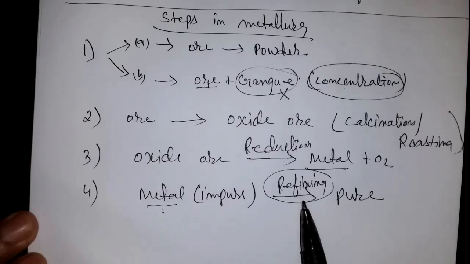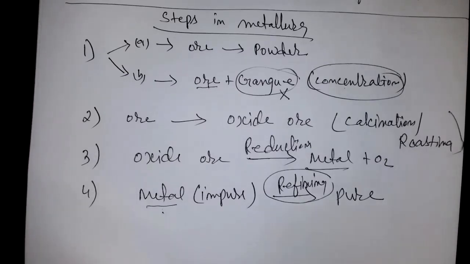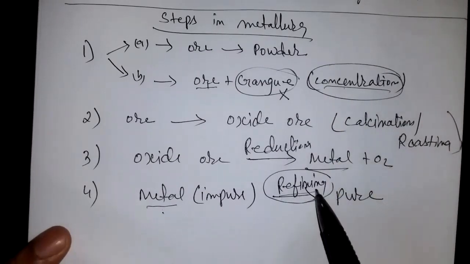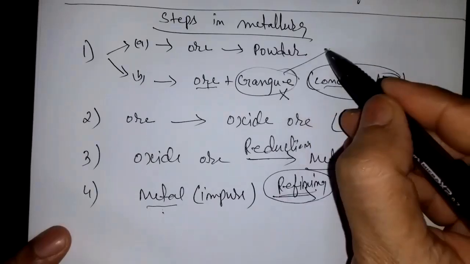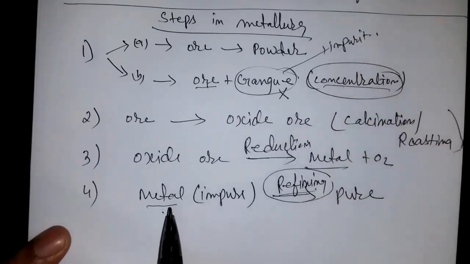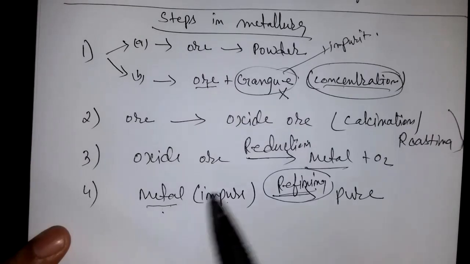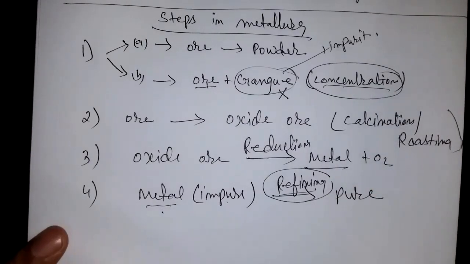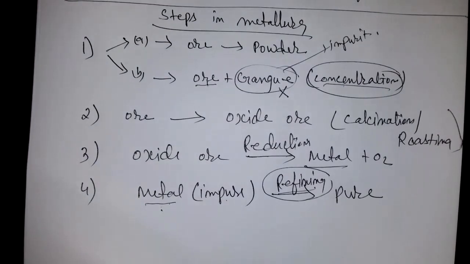Now the similarity. If you are looking for a similarity between concentration and refining, what is gangue? Gangue is impurities. And this metal is impure because it has some impurities. So in both concentration and refining, impurities are removed. This is the similarity.